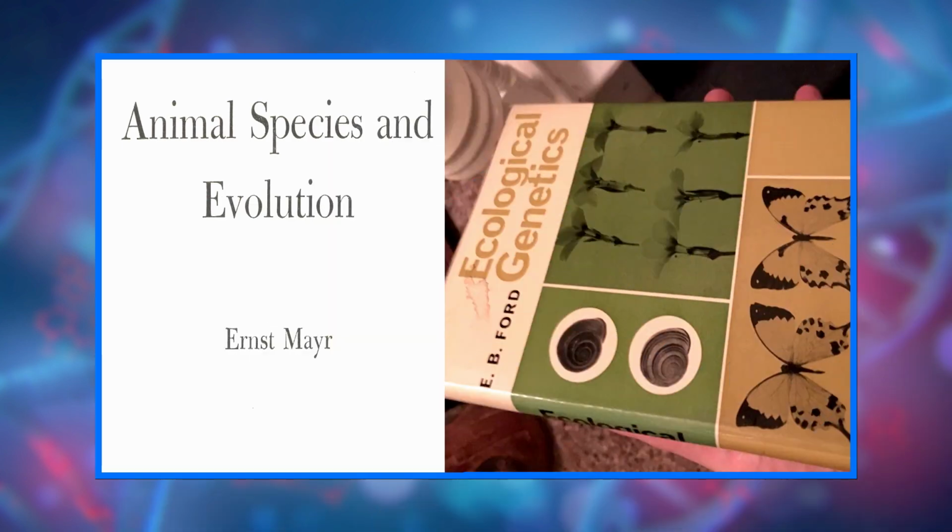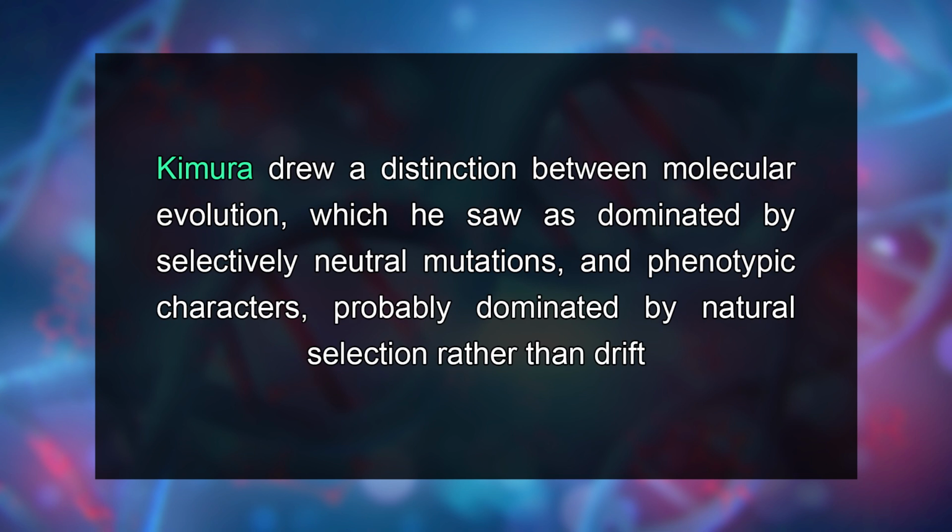Evidence can be seen in Mayr's famous book Animal Species and Evolution and Ford's Ecological Genetics. Kimura drew a distinction between molecular evolution, which he saw as dominated by selectively neutral mutations, and phenotypic characters, probably dominated by natural selection rather than drift.